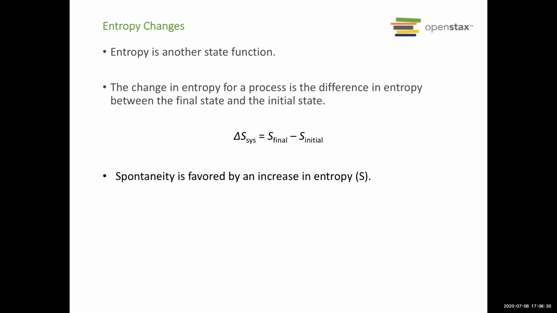So like enthalpy, entropy is a state function. It only depends on the initial and final states. So we can calculate the change in entropy as shown in this slide. The delta S equals the final entropy minus the initial entropy in a process.